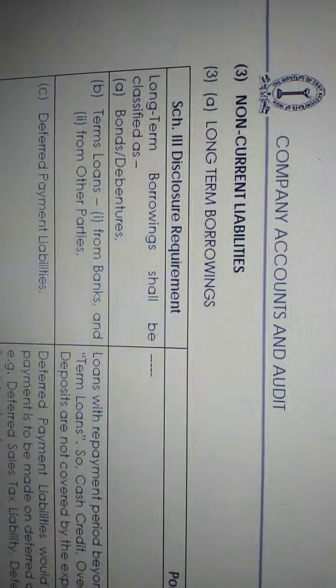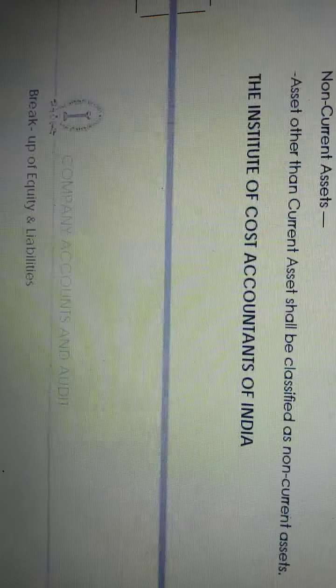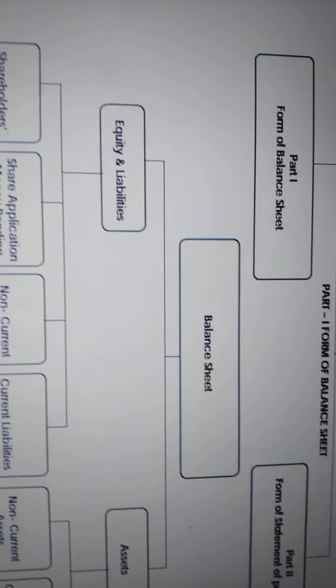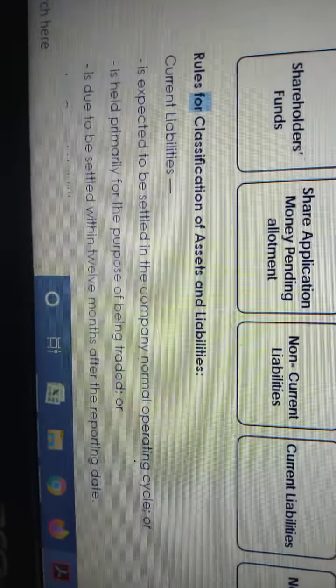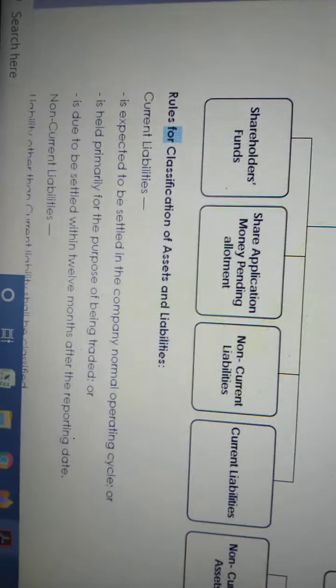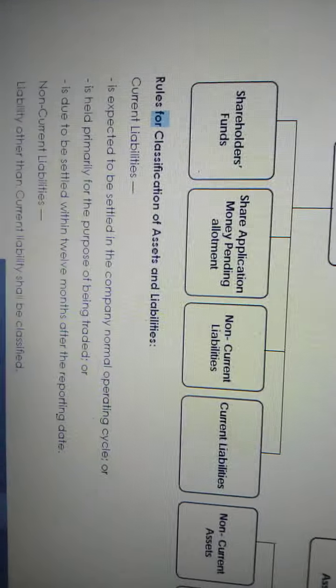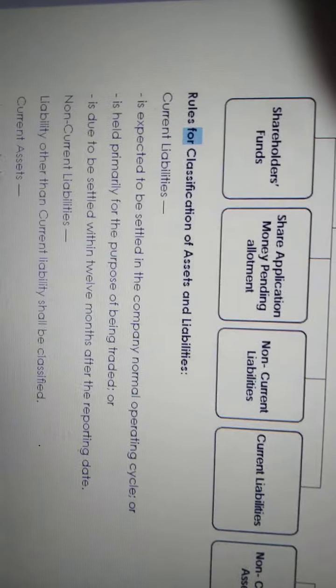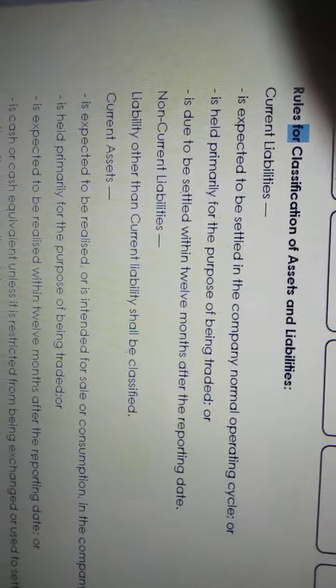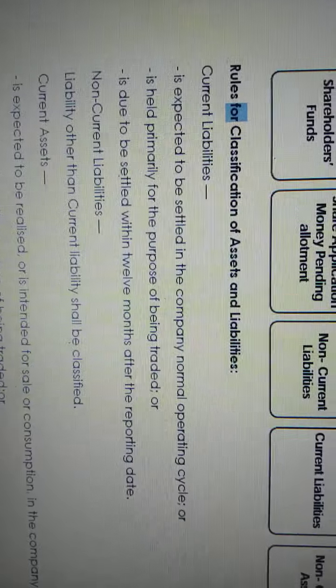Come to this page, form of balance sheet. See, rules for classification of assets and liabilities. Here it is given. What is current liability? What is current assets? If you know that, then you can know the non-current liability.